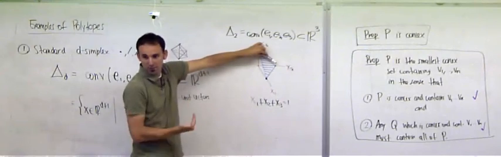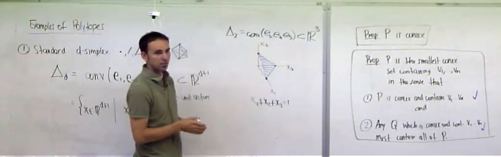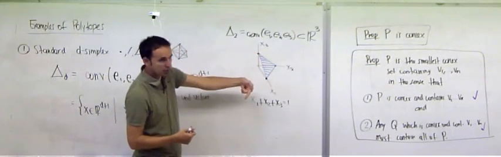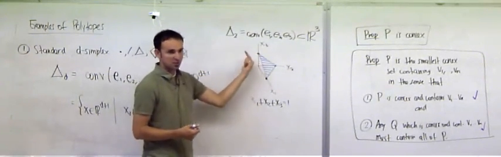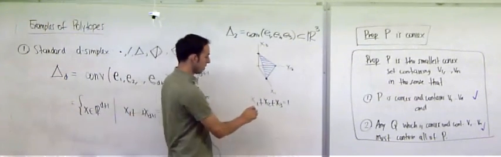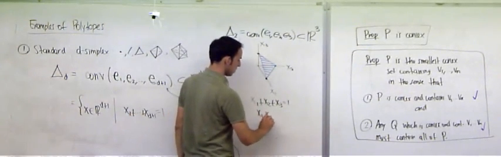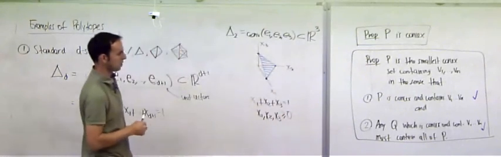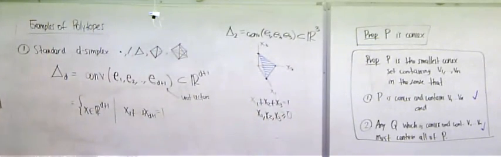If you have satisfied those three things, then you are in the triangle. In other words, my x1 coordinate is positive, my x2 coordinate is positive, my x3 coordinate is positive. That means being in the first quadrant. Octant, thank you. Okay, and that completely describes my simplex in a different way.